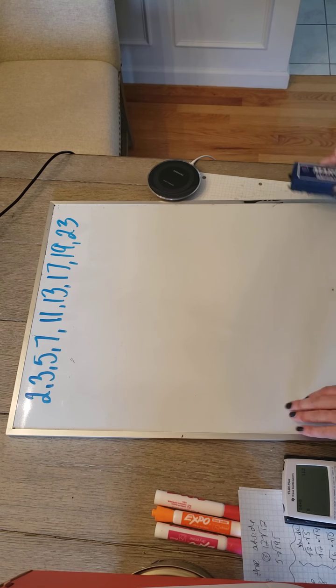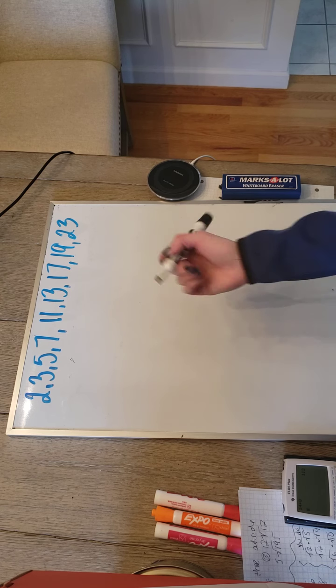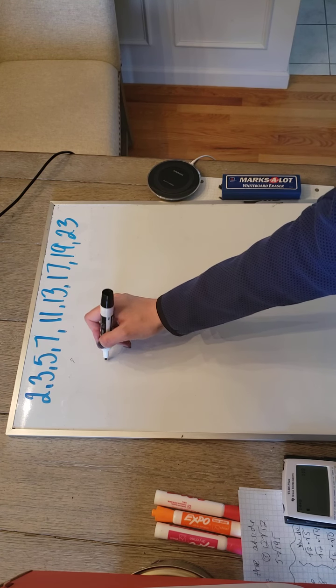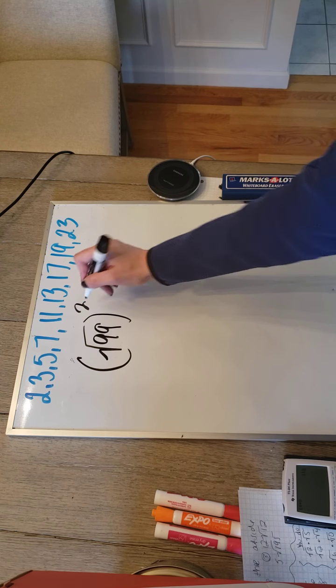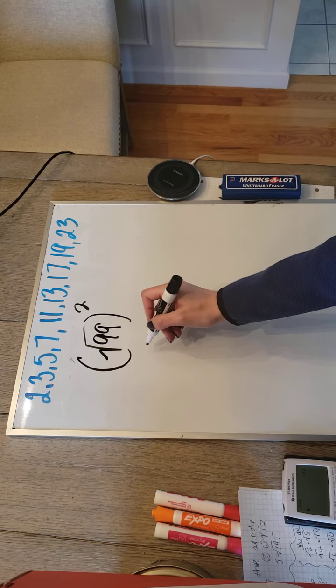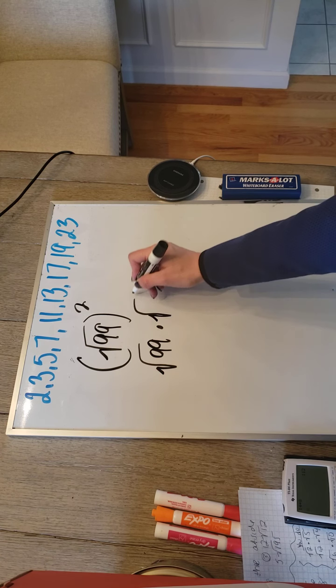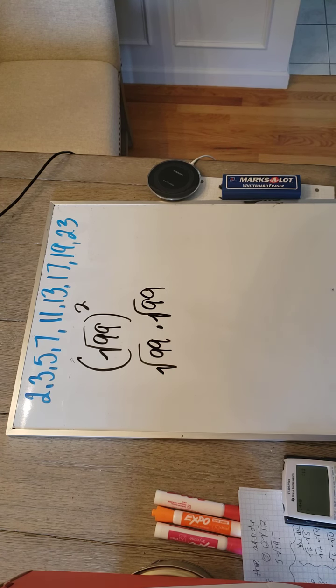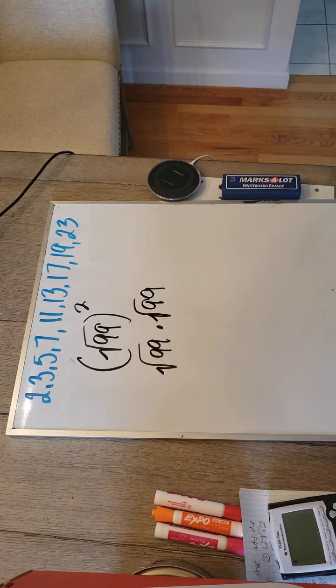And we're just going to do one more problem because I just want to show you something simple. Say we had the square root of 99 squared. So we know this is the square root of 99 times the square root of 99. Now, we could do all this work out and multiply it together, but hopefully you realize the pattern going on here.